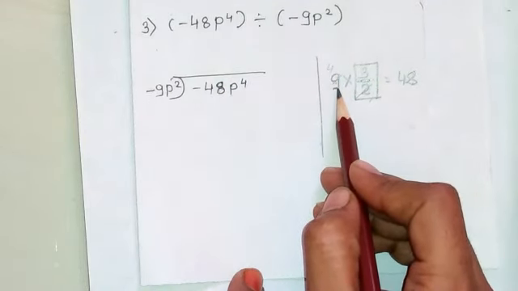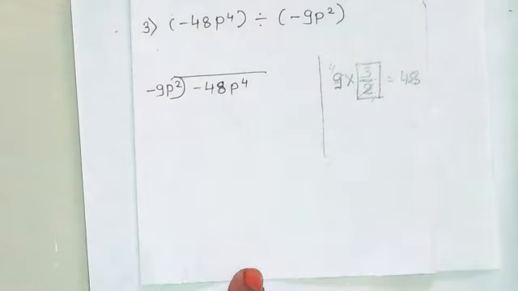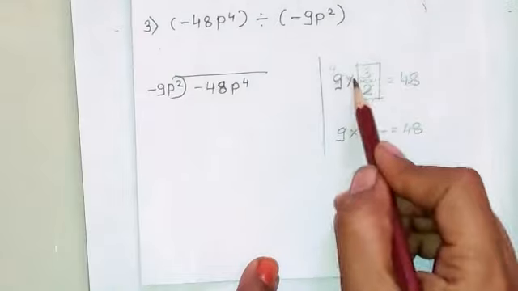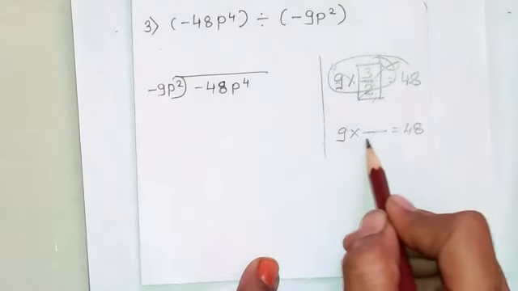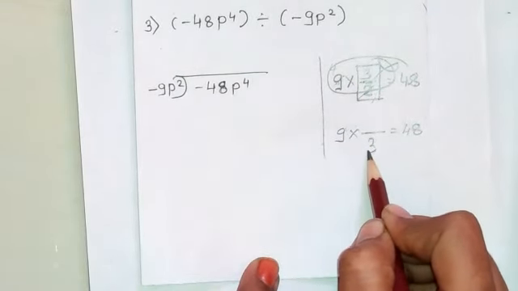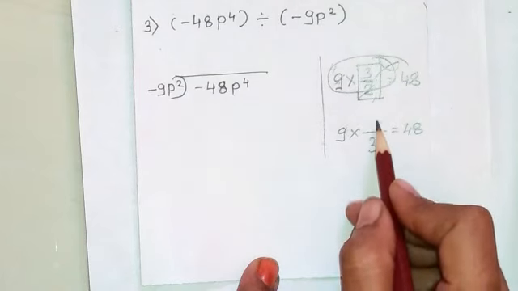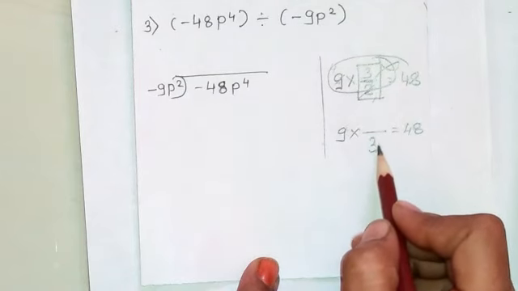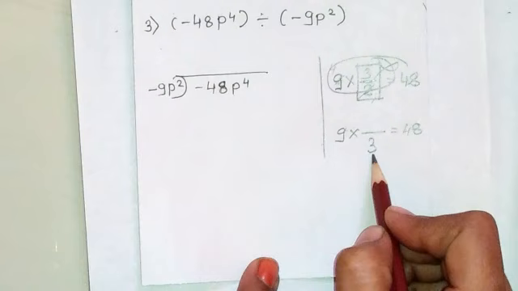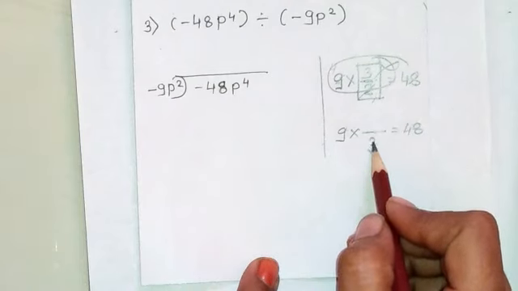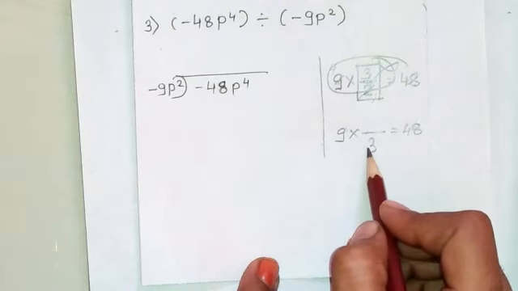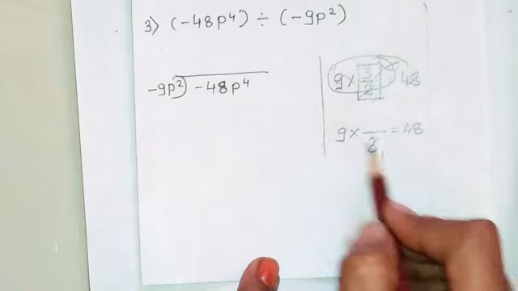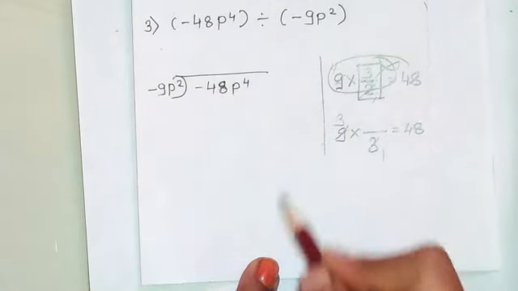But here 9 is given. So we have to change the fractional number. If another fractional number has 3 at the denominator place, then we can easily divide this 9 by 3. How? 3 ones are 3, 3 threes are 9.